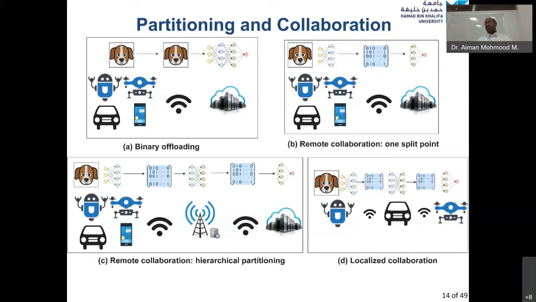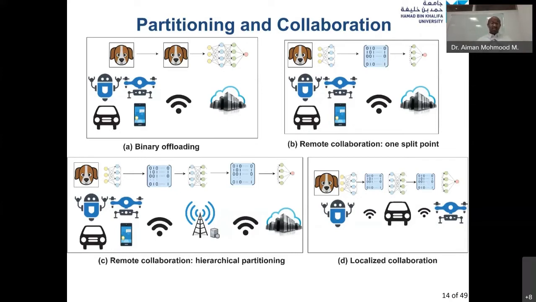Another way is to do this remote collaboration, where some parts of the neural network will be deployed and executed on the device itself, while other parts can be executed in the back end. And in that case, the intermediate values will be sent from the IoT device all the way to the back end.